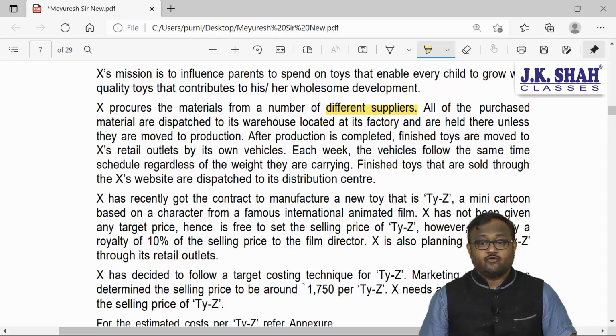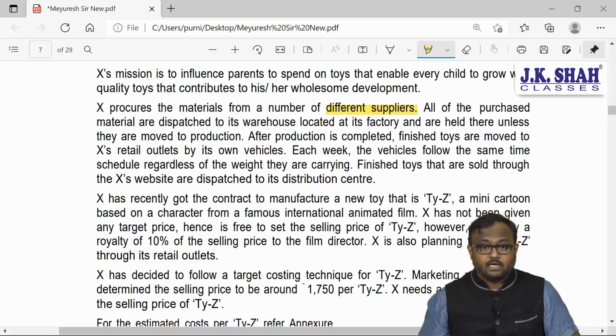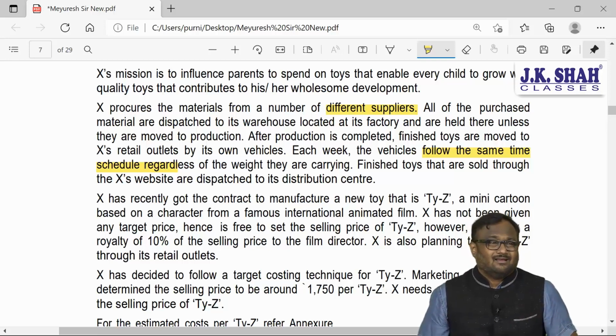Each week, the vehicles follow the same time schedule regardless of the weight they are carrying. This is another problem. Follow the same time route. That means even if the vehicle is not fully loaded, you are sending it just because it is its time. Time is up, sell the goods, send the vehicle out. That means you are wasting the resource.